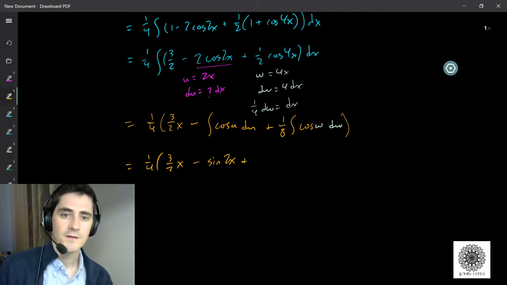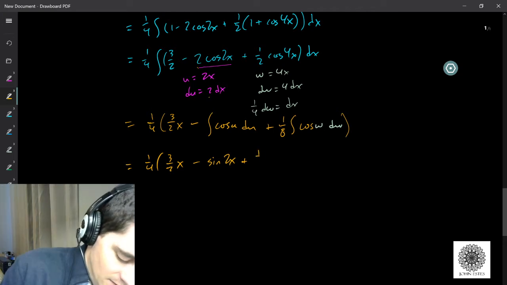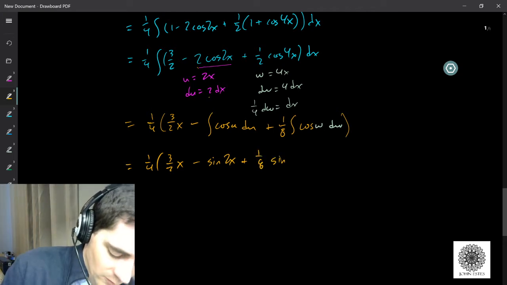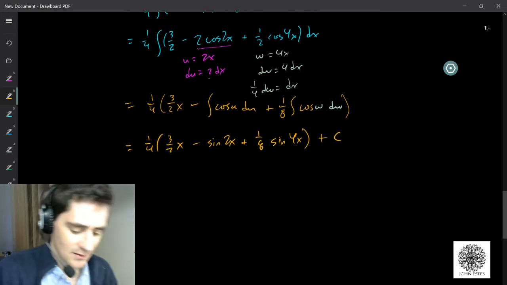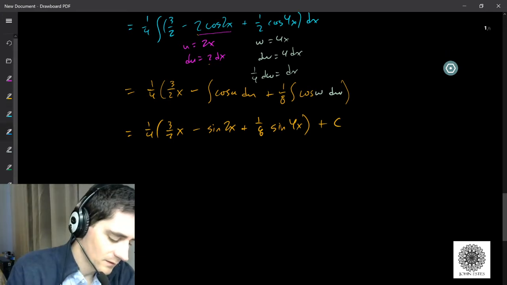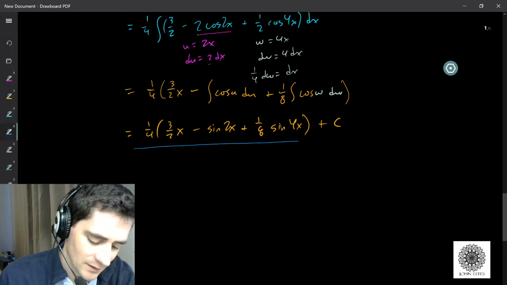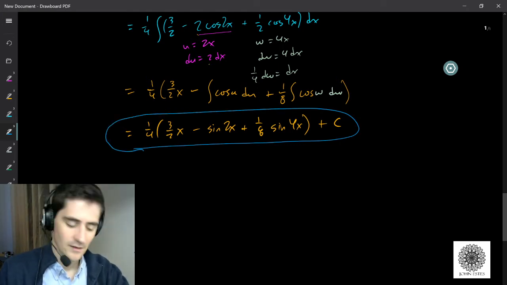The integral of cosine w is sine w, so I have 1/8 sine 4x. And then all that plus c, and I have my 1/4 distributing across there. I could distribute the 1/4, but we get the idea. We've already done the hard part. So there's my integral right there. I hope that makes sense.